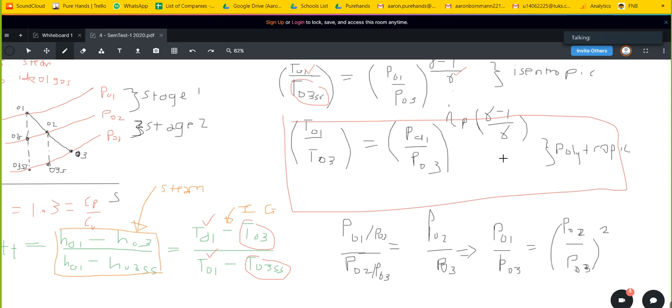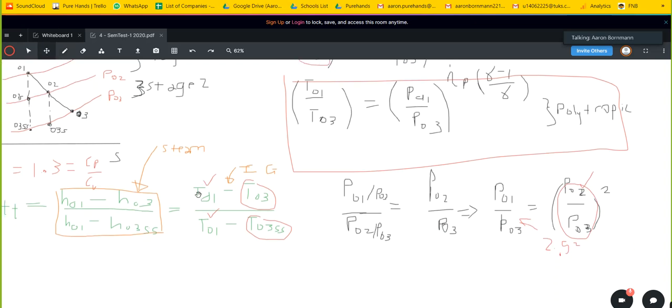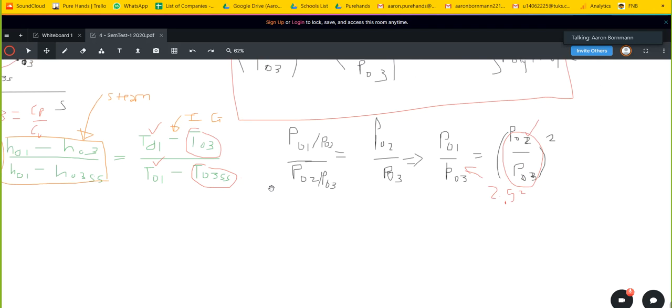And we know what P02 over P03 is, that's 2.5. So now we know what this ratio is, and this here would just be 2.5 squared.